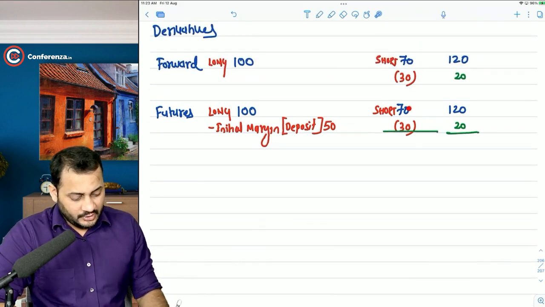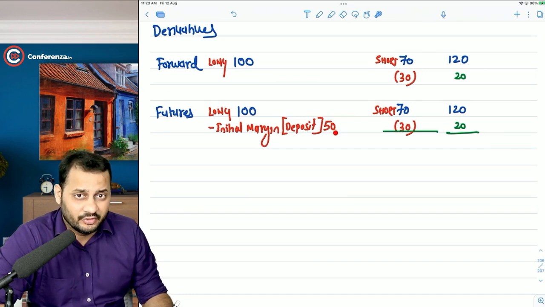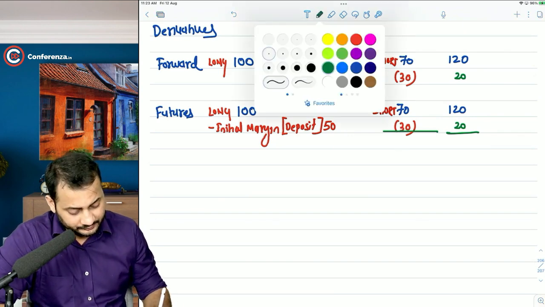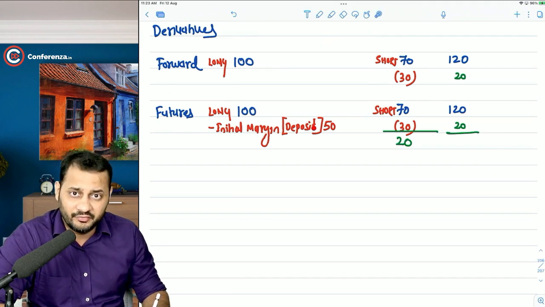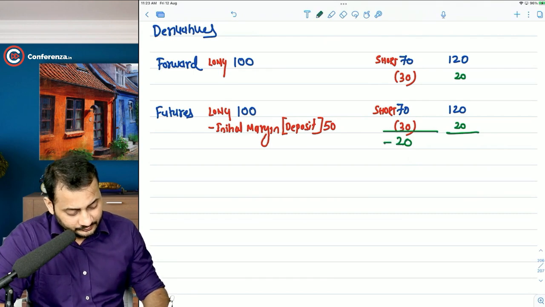Understand? If the price goes to 70, there is a loss of 30 rupees to you. The stock exchange will deduct 30 rupees from this deposit of yours. So 50 minus 30, it will pay you 20 rupees. So you will have an inflow of 20 rupees. That's a loss to you because you paid 50 in the beginning and you are receiving only 20 rupees.